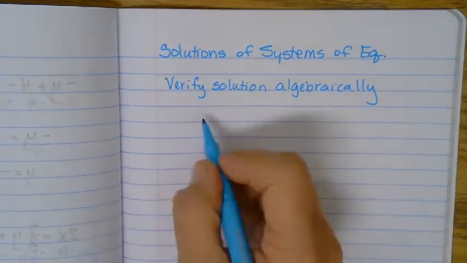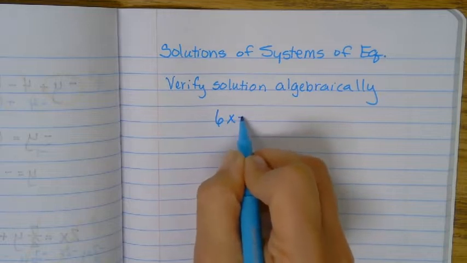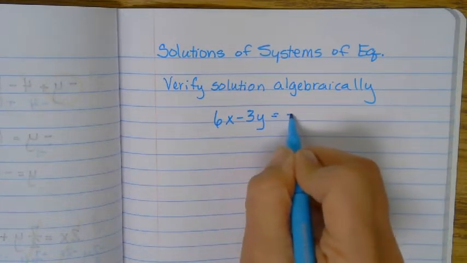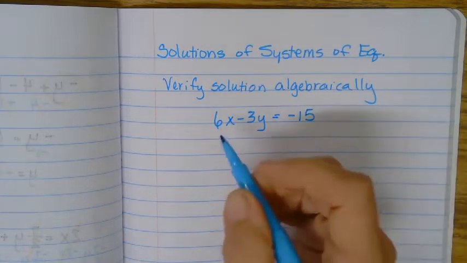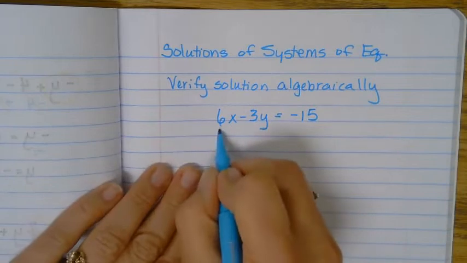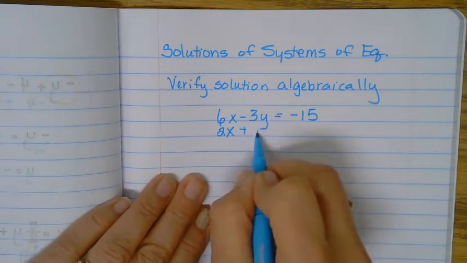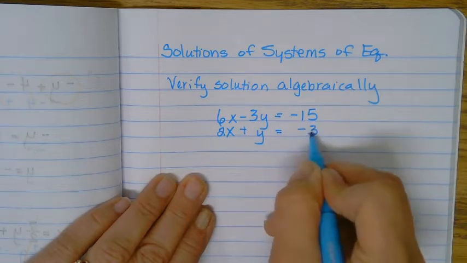So if we're given something like this, 6x minus 3y equals negative 15 and 2x plus y equals negative 3.